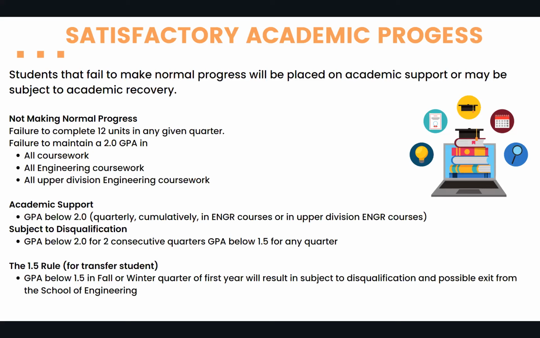If it looks like at the end of the year you are not on track to meet the 2.0 GPA and you're struggling and your GPA is below a 1.5, you may be asked to leave the School of Engineering and find another major on campus. Next slide, please.